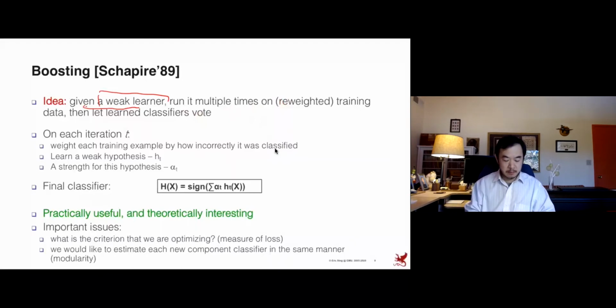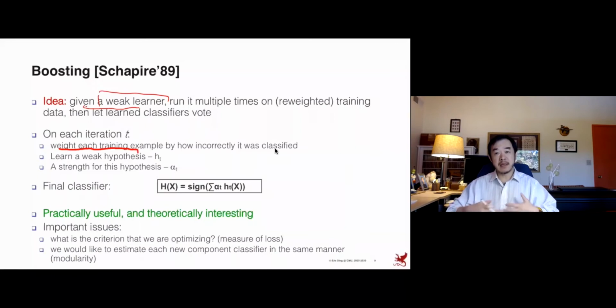Then in each iteration, here is the idea. You are going to now augment the data a little bit. Okay, you are going to now weight every training example by how difficult it is. I'm going to show you an example later on. You want to train yourself harder on the difficult examples and ignore more or less those examples that are easily classifiable.